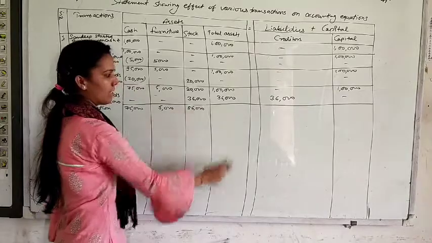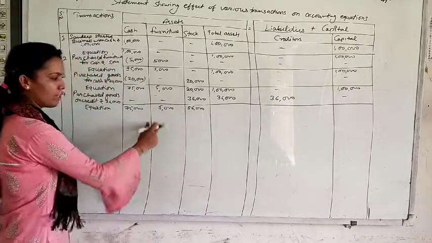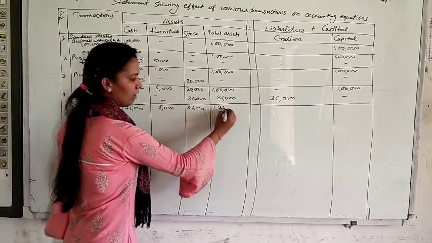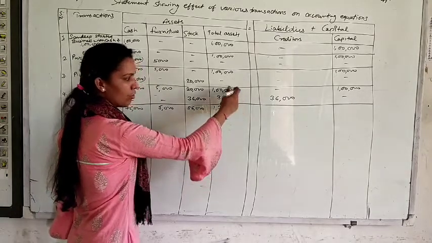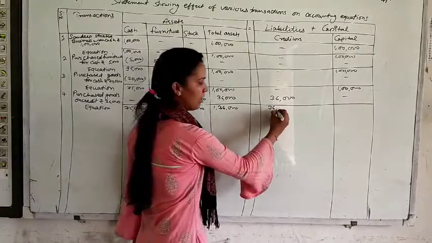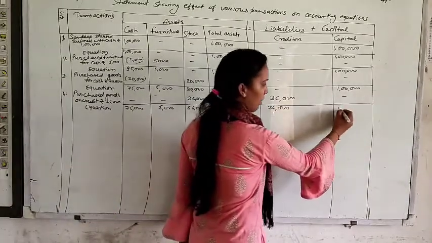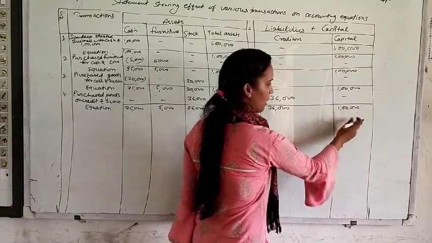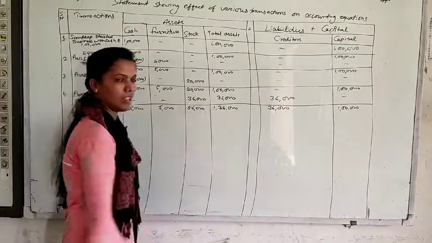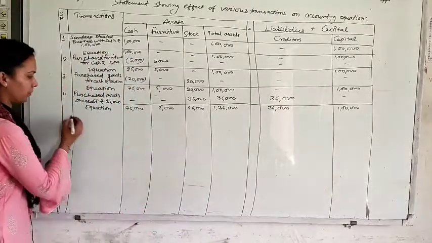Total assets: 75 plus 5, 80,000. 80 plus 56, 1,36,000. And here also 1 lakh plus 36, 1,36,000. Liabilities 36,000 and capital 1 lakh. It means 1 lakh plus 36, 1,36,000 and assets are also 1,36,000.